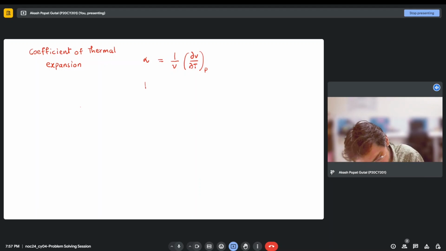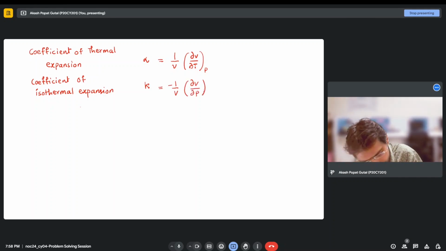And we know the kappa, that is coefficient of isothermal expansion, is minus 1 by V del V by del P, at constant temperature.